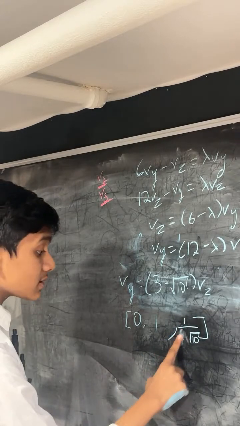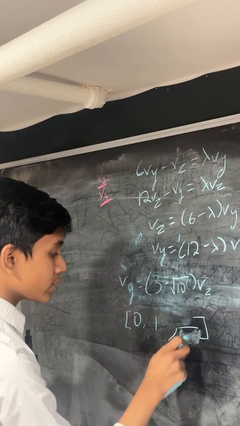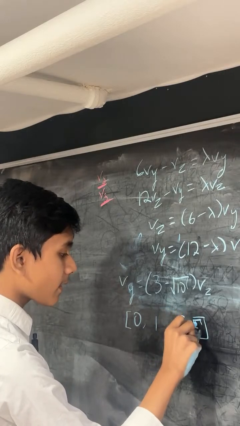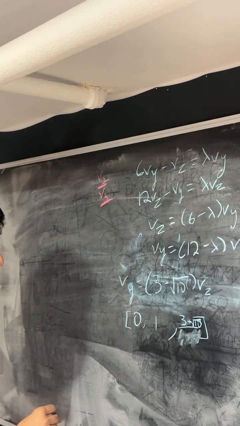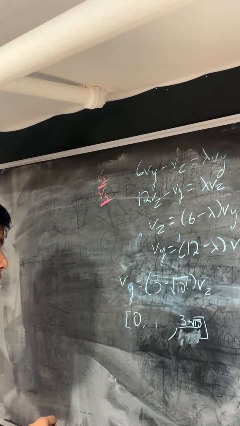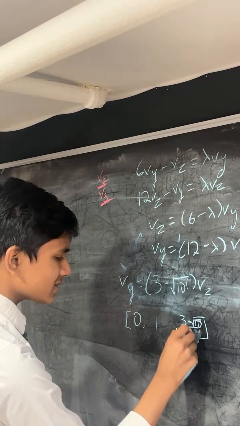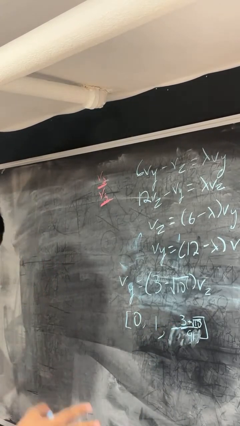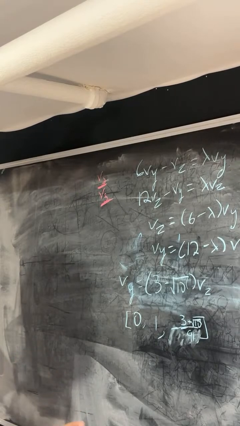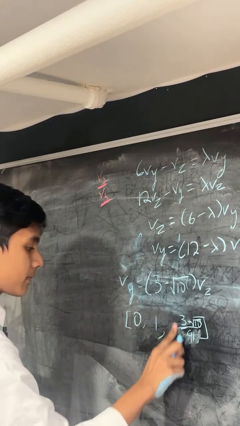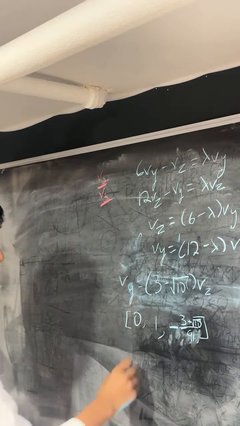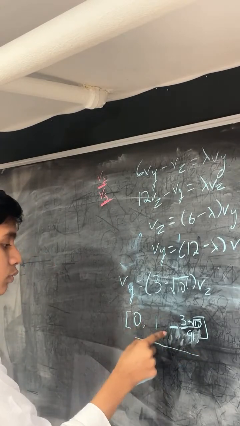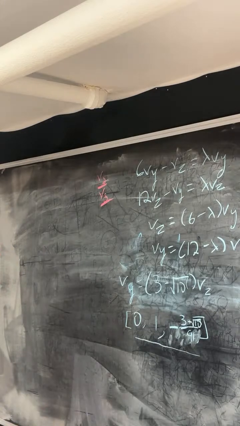And I could even rationalize it by writing 3 plus rad 10 divided by 91. So you have 0, 1, minus 3 plus rad 10 over 91.